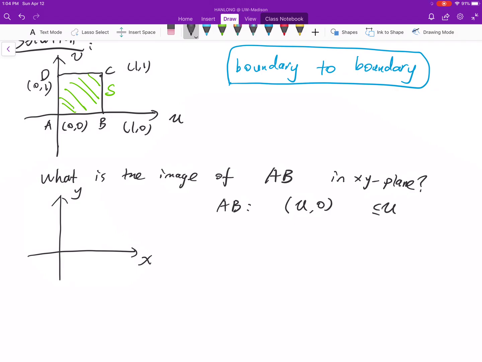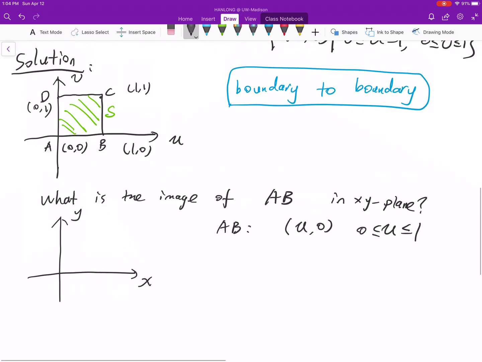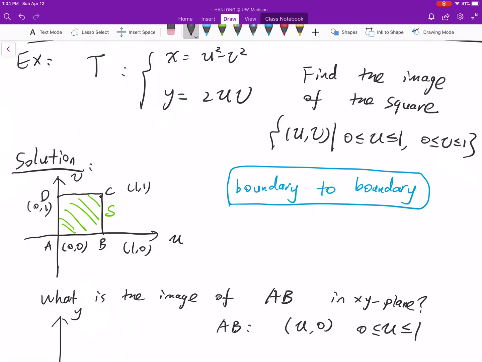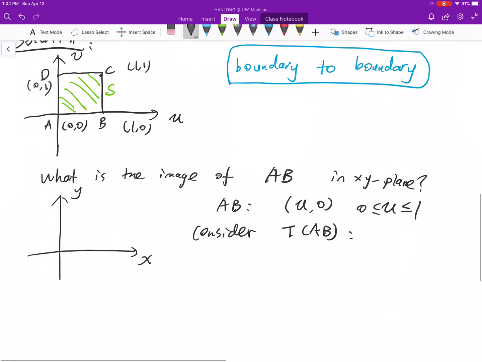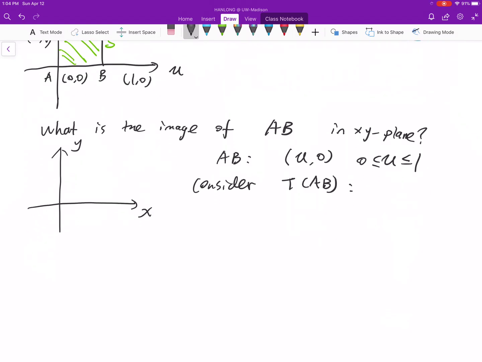Of course, due to the picture, u is between 0 and 1. Then you use the transformation T. So consider T(AB).